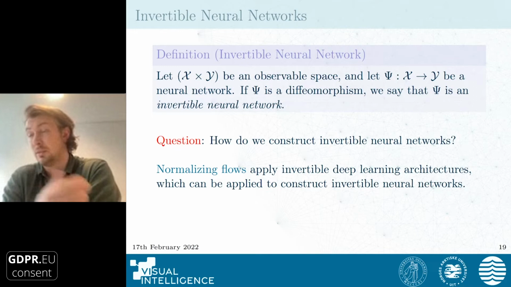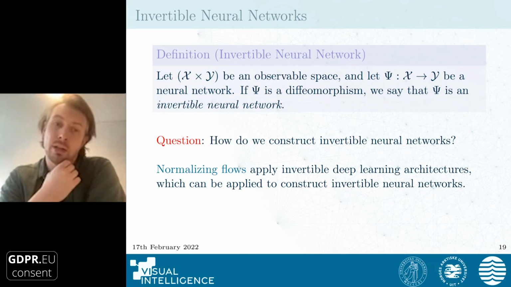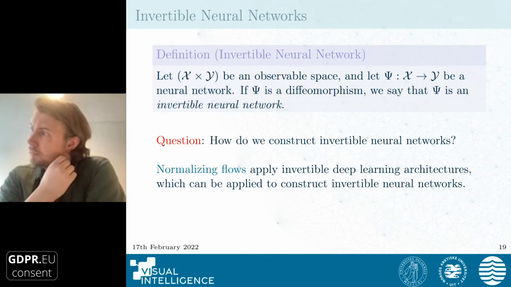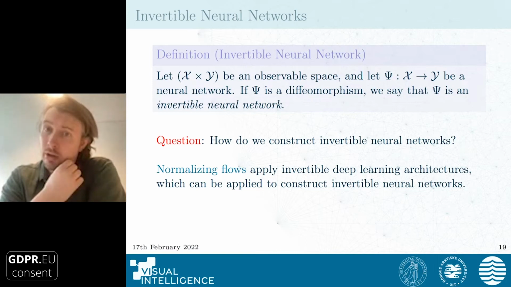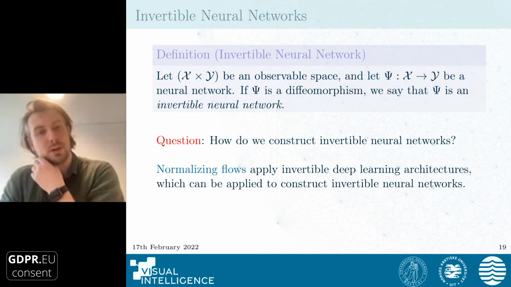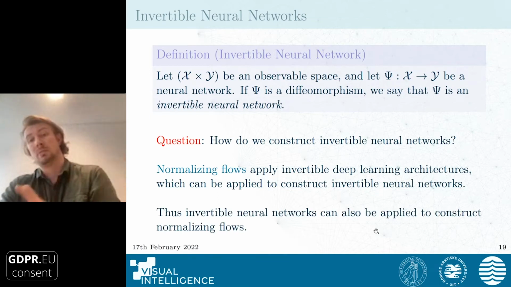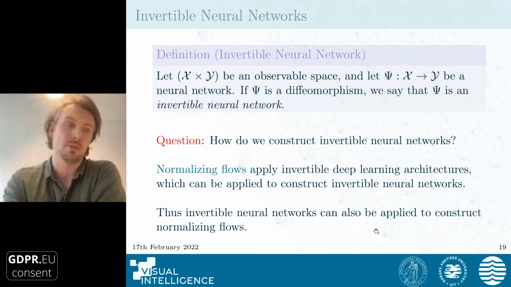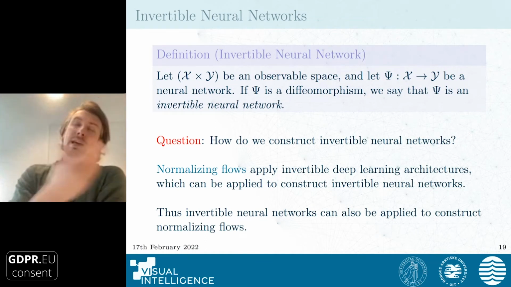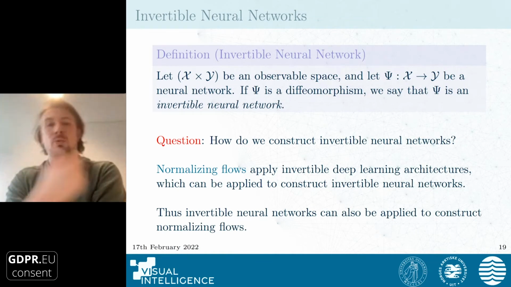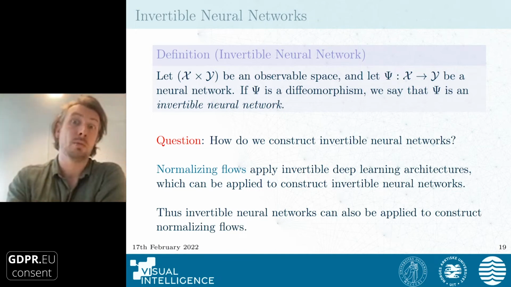So these types of models are actually around, and I think there's been a talk already on normalizing flows. We won't go too much into it, but the nice thing is that normalizing flows can be used to construct invertible neural networks, and in turn, an invertible neural network can be used to construct a normalizing flow.